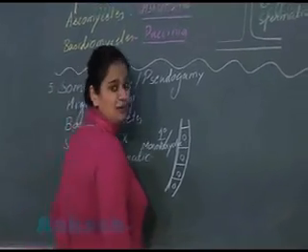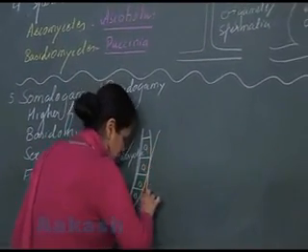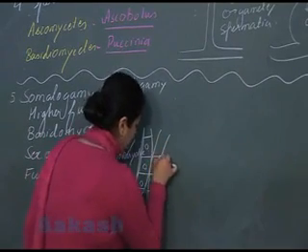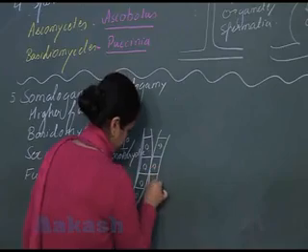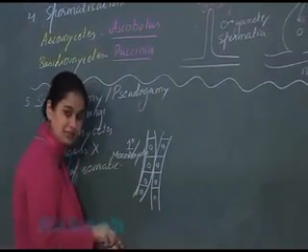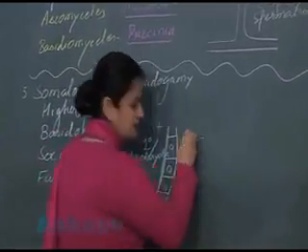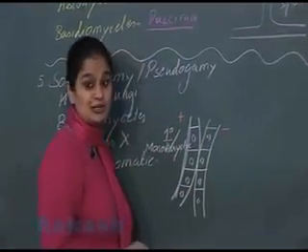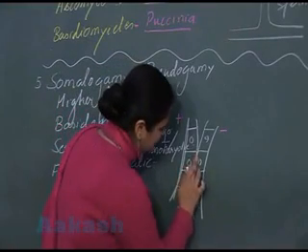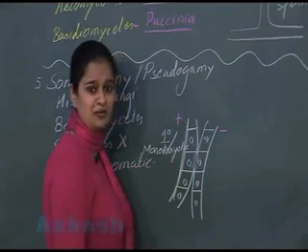Now one type of primary mycelium shows fusion with another type of primary mycelium. Two different types of primary mycelium, that is positive strain type and negative strain type, their cells will show fusion. You can see here the cells showing fusion between the hyphae.